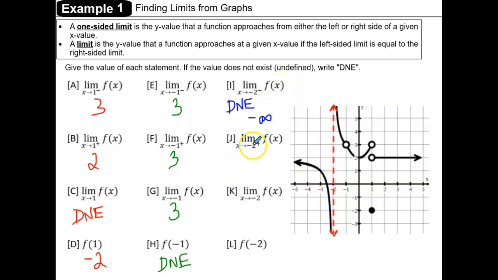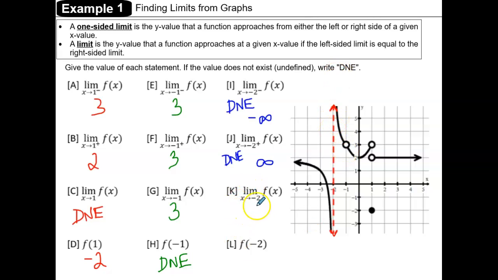Okay, then as we come at this asymptote from the right side, we're coming along this quadratic here, and it looks like right about here it changes from a parabola into the other side of the rational function. So we're going to keep going forever towards but never crossing that vertical asymptote. So again, the limit from the right side does not exist, but it would be useful to say that it's headed toward positive infinity on that side.